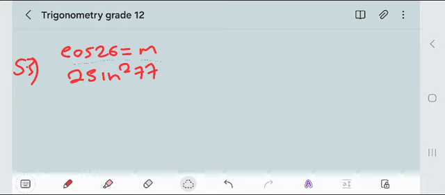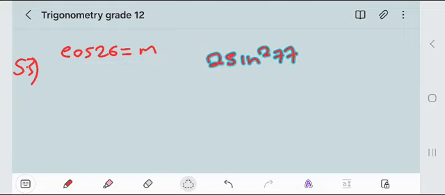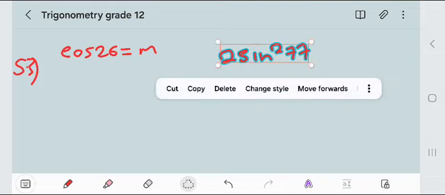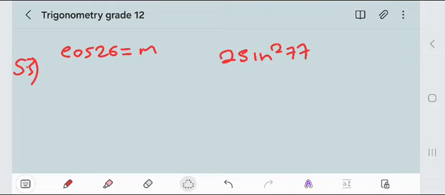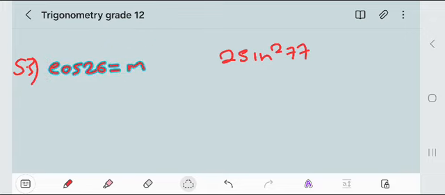We are given this term, and we're supposed to simply evaluate this in terms of m without using a calculator. It must be in terms of m.